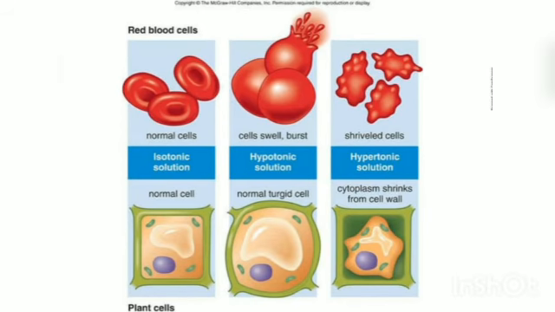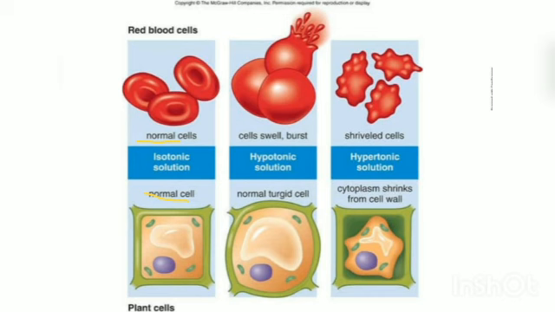In the case of isotonic solution, they both will remain at their normal size or normal volume, because the cytoplasmic concentration remains similar to the outer solution's concentration. In the case of hypotonic solution, what will happen?